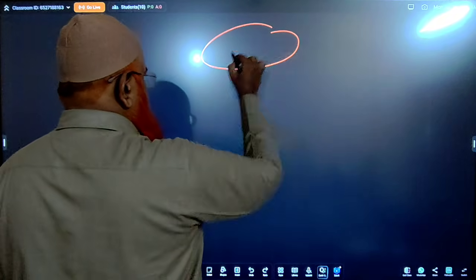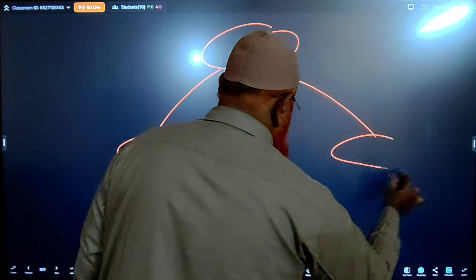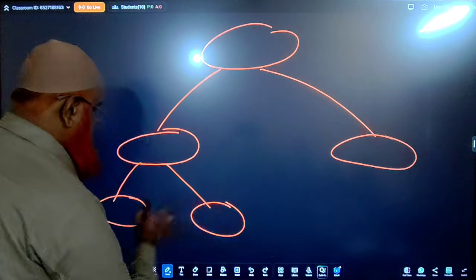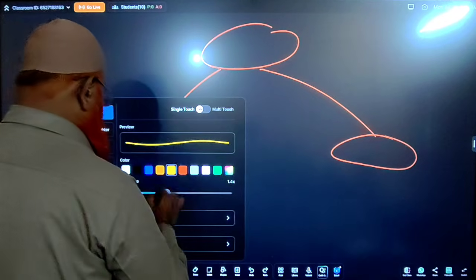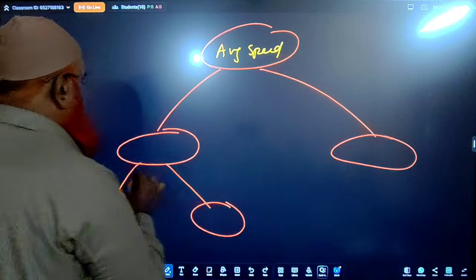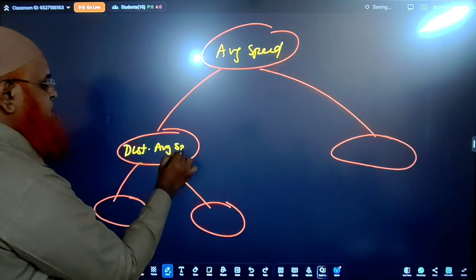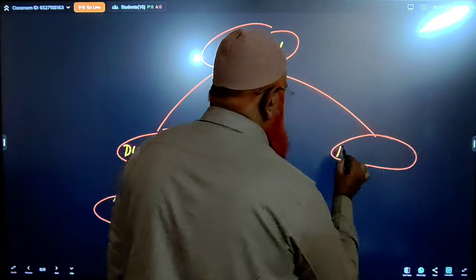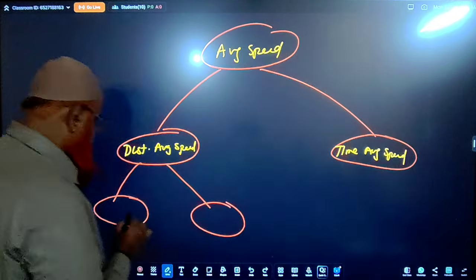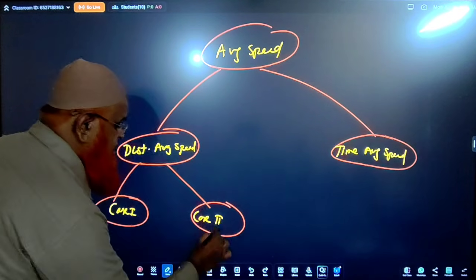Just see, this is just average speed, and now this is called distance average speed, and this is called time average speed. This is called case 1 and this is called case 2.